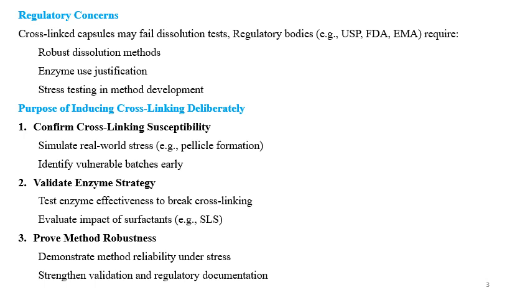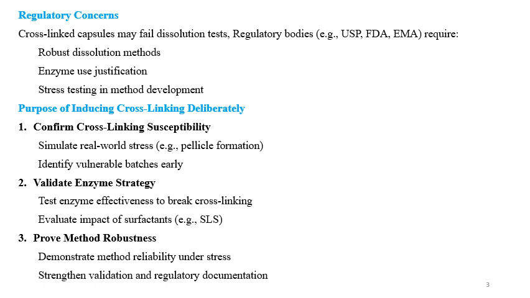Induce the pellicle formation. Then validate the enzyme strategy. Test the enzyme effectiveness to break the cross-linking. Evaluate the impact of surfactants like SLS. If your media contains SLS, that time SLS may not be compatible with enzymes, or the enzyme may not work in the presence of SLS. So we need to test the enzyme effectiveness and check the effect of surfactants.